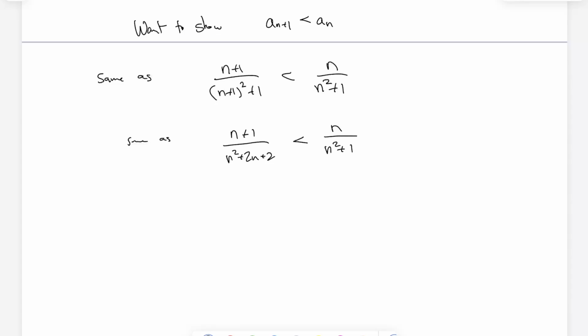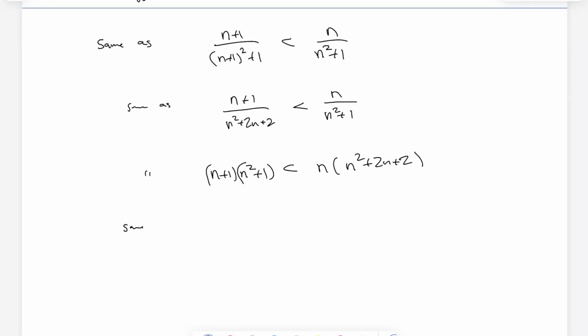I'm doing this a little quick because I saw folks were doing good here. N times n squared plus 2n plus 2. Do all the distributing here. This is the same as n cubed plus n squared plus n plus 1. That's what you get if you do the FOIL on the left. And on the right, distributing, n cubed plus 2n squared plus 2n.